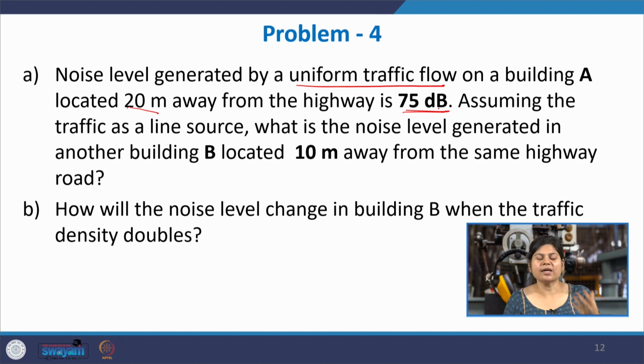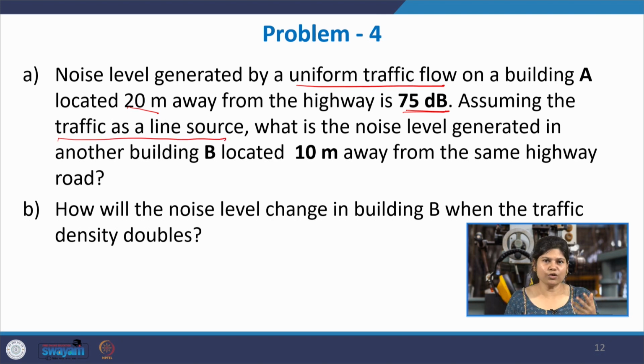Whenever such things are mentioned, by default you can assume that 75 dB is due to this uniform traffic flow, and there is no significant contribution from other sources. If there was, it would have been mentioned in the problem. So, we ignore the contribution from the background, the people living, etc., and the significant contribution from the uniform traffic flow is coming out to be 75 decibels, and we assume that this uniformly flowing traffic is a line source.